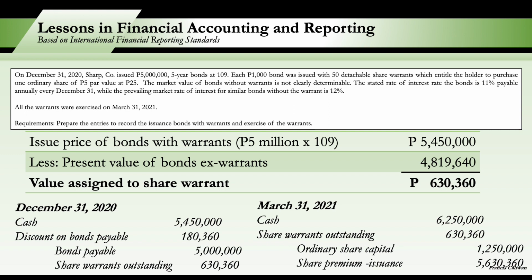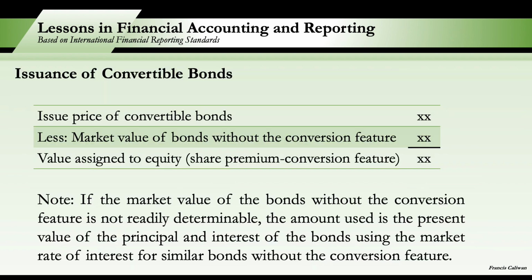So our share premium per share is 22.52144 multiplied by the number of shares issued, that's 250,000. Our share premium is 5,630,360. Okay?